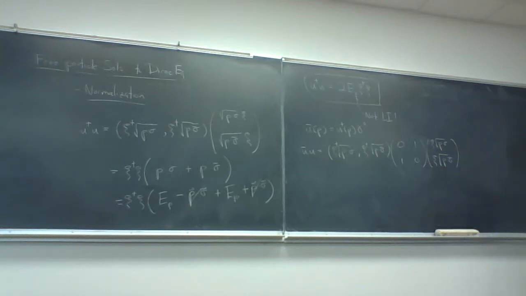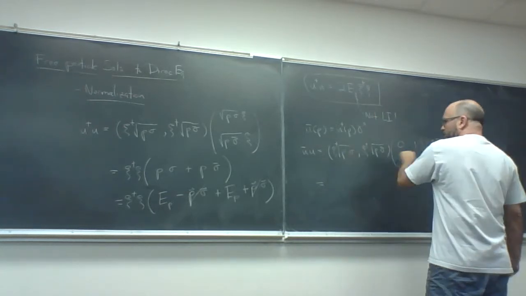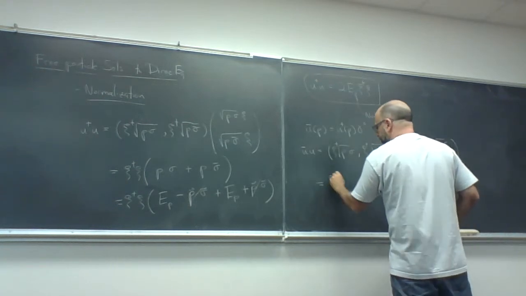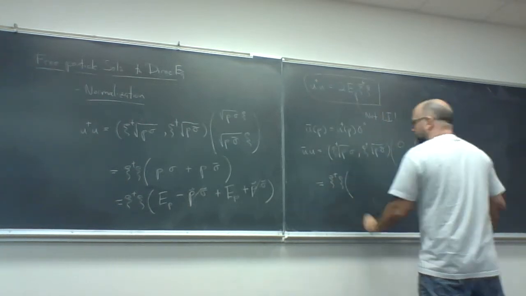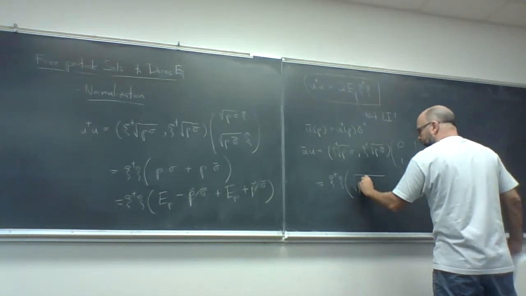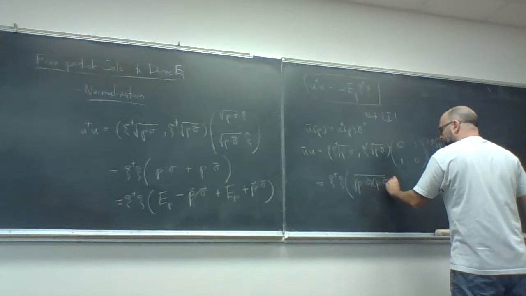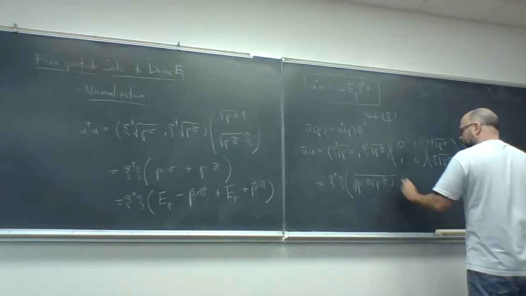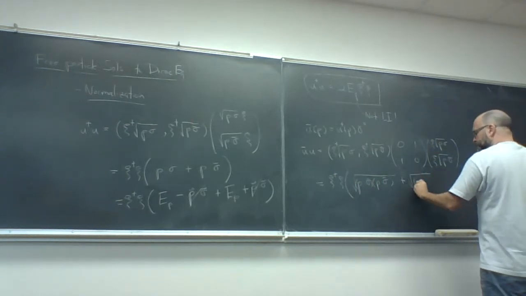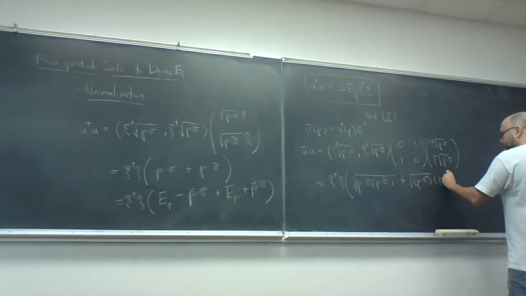What it's going to do is effectively flip-flop the components of this column vector. So when I multiply all this out, I still get the c dagger c, but now I get square root of p dot sigma times p dot sigma bar plus square root of p dot sigma bar times p dot sigma.